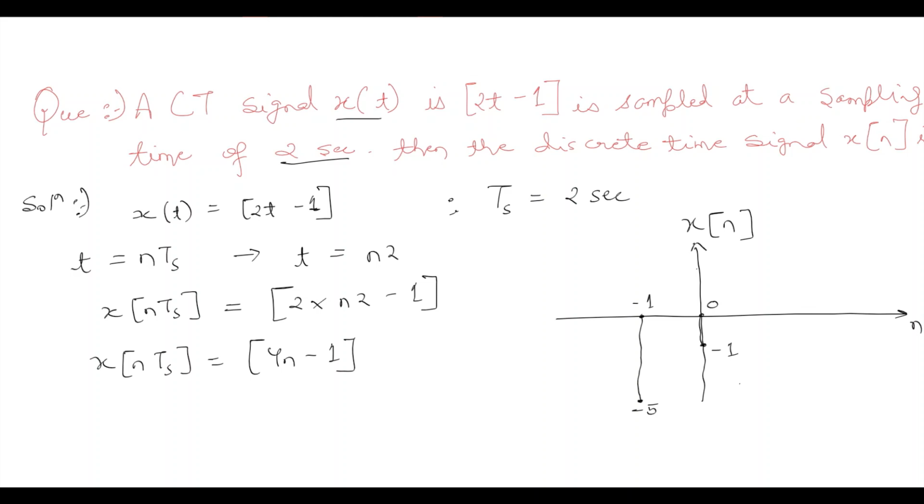If we put minus 2 here, then we will get minus 8 minus 1, minus 9. If we put 1 here, then we will get 4 minus 1, 3, at position 1. And at position 2 we get 7.